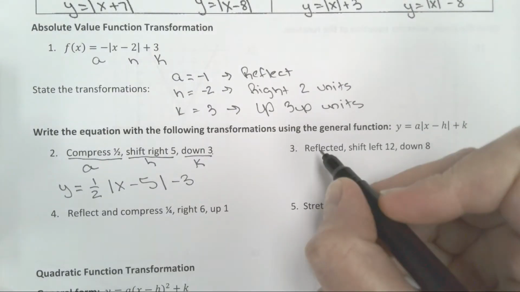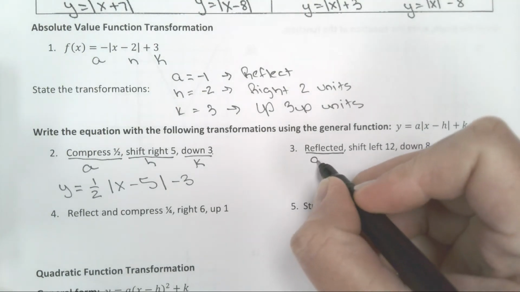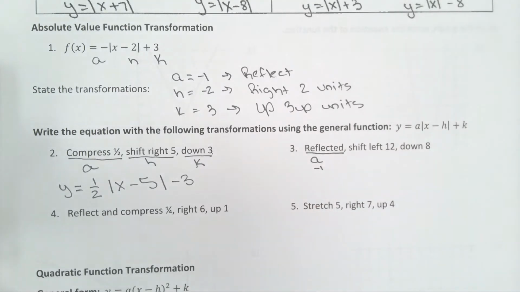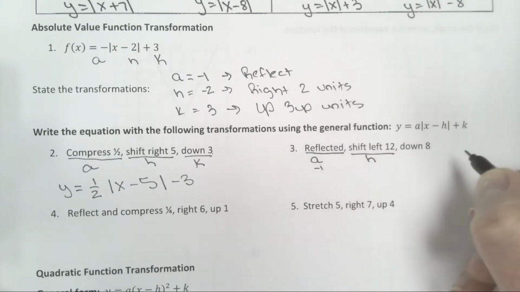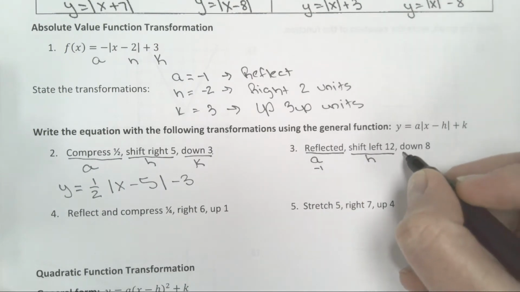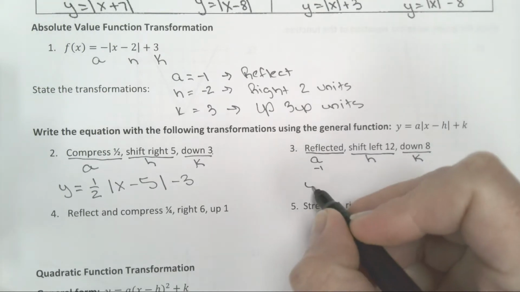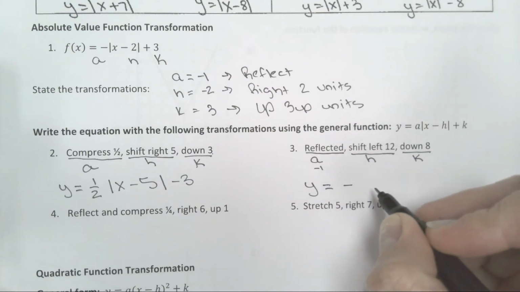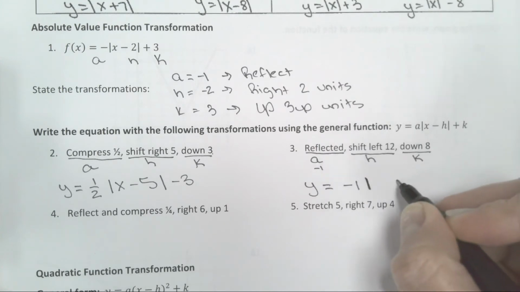The next one, your graph reflected, that is associated with A, and that means A is going to be negative or -1. Moving left or right is associated with H, and moving down is associated with K. So A is, you could either have negative or -1 there, whatever you want to do.